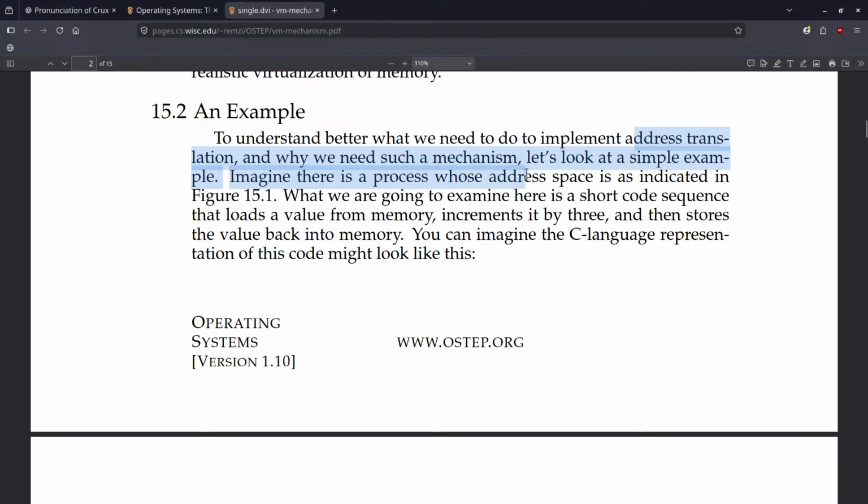Imagine there is a process whose address space is as indicated in figure 15.1. What we are going to examine here is a short code sequence that loads a value from memory, increments it by 3, and then stores the value back in memory.